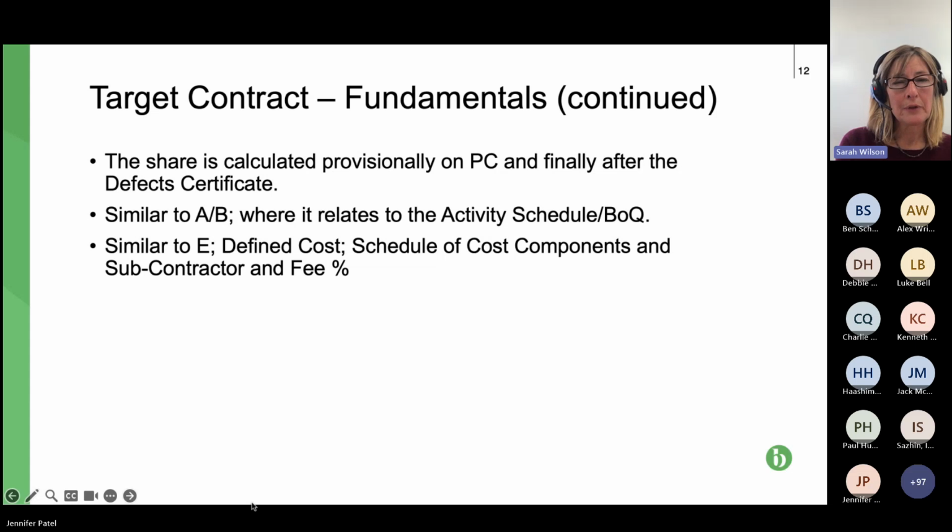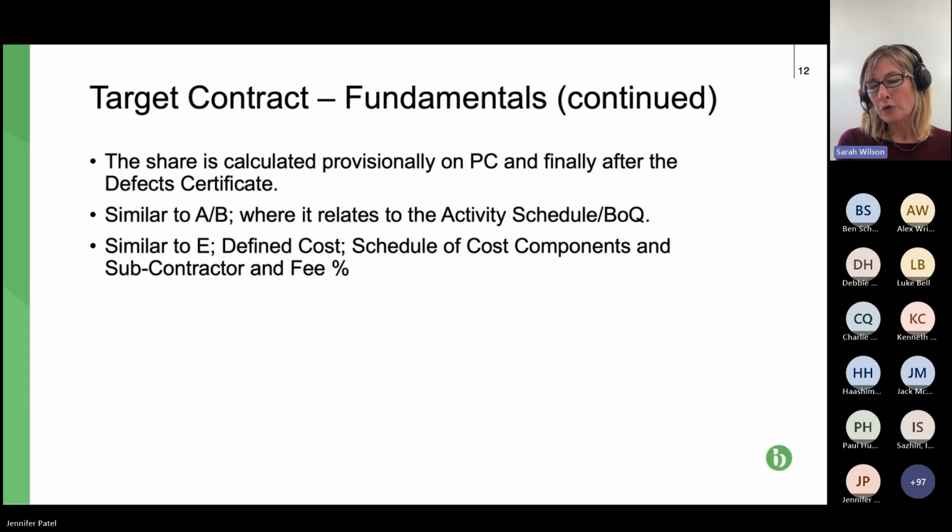So we've covered some of this. The share of pain and gain is calculated at completion and then once the defects period has ended. Final point here: where it says similar to E, when I said colloquially, options C and D are sort of a mashup, in inverted commas, of A and B and E. We saw how A and B apply as regards the activity schedule, bill of quantities, and compensation events being added.